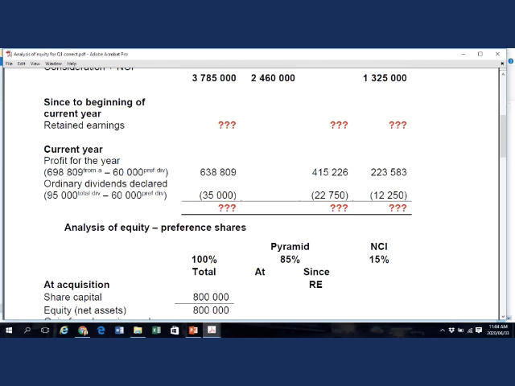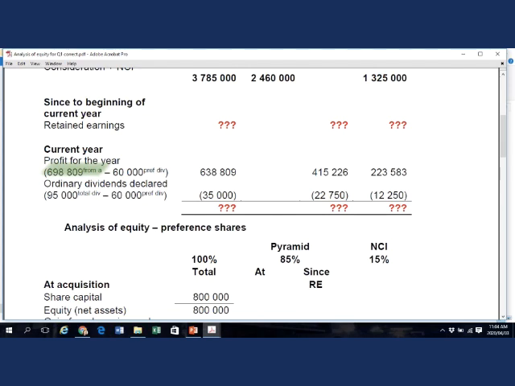So let's have a look at the analysis of equity current year movements for the ordinary shares. Here you always start with the profit of the subsidiary. Now in this question you had to calculate the profit of the subsidiary in part A of the question. So whatever you got that profit to be, you start with it here.